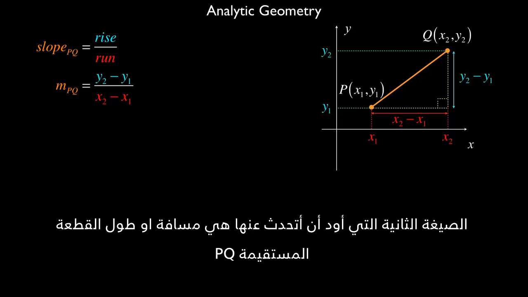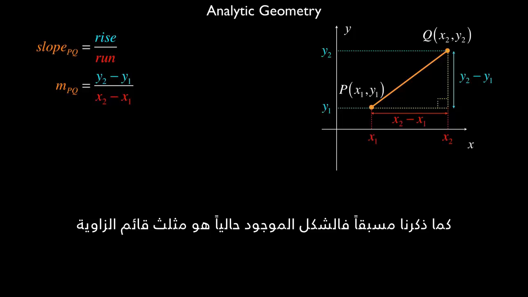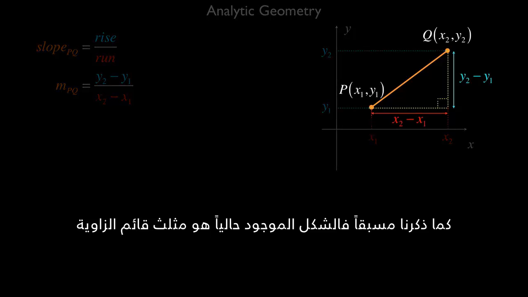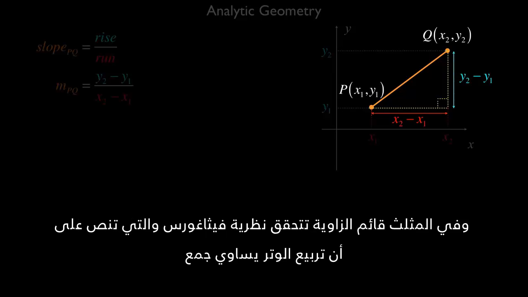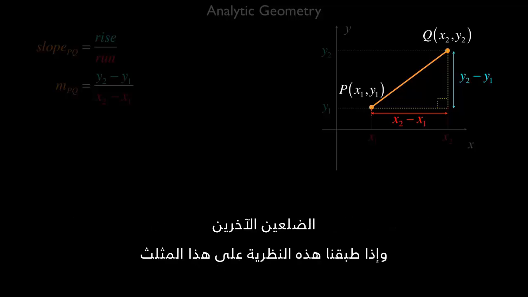Now, the second formula I'd like to develop is the distance or the length of the line segment connecting P to Q, the distance from P to Q, effectively. When I look at that diagram, I recognize that it is a right triangle, and in right triangles, we have something called the Pythagorean theorem. The Pythagorean theorem states that the square of the hypotenuse is equal to the sum of the squares of the other 2 sides.